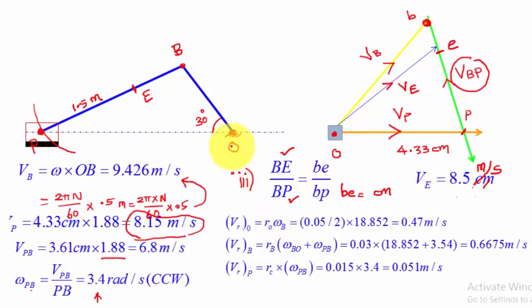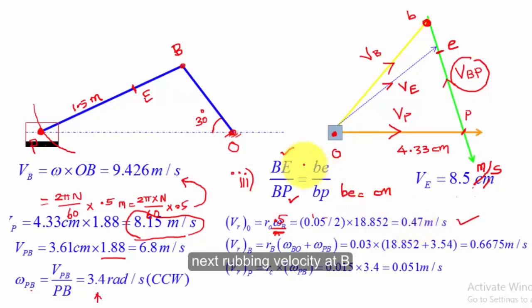Radius is already given, 0.05 is the diameter, so divided by 2 for radius. So 0.05 divided by 2 into the velocity at this point. At this point we have only one angular velocity, OB. So multiply that with OB. So 0.05 divided by 2 into 18.852 equal to 0.47 meter per second.